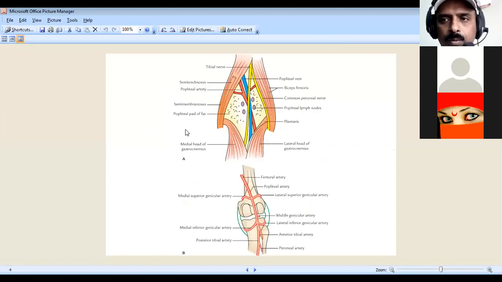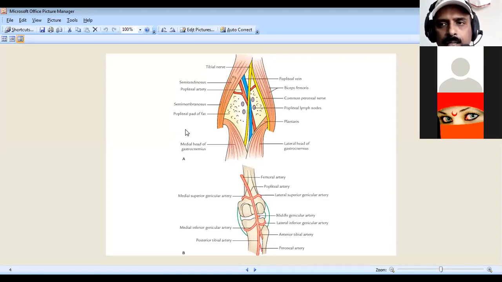Next, you have to remember the contents of the popliteal fossa. Sometimes the question asked is to name the structures making the contents of the popliteal fossa. You should not get confused with the femoral region. By chance we may write femoral artery, femoral vein, femoral nerve, so don't make a mistake here.